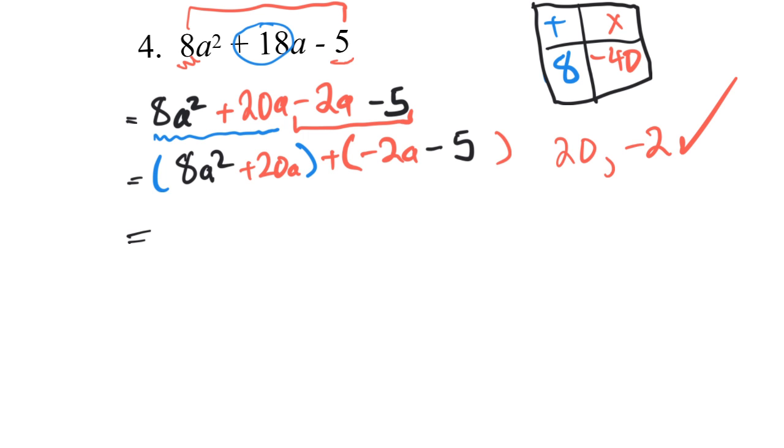So now we're left with, well, for the first bracket, you'll notice that we have 4a as the GCF, and you end up with a bracket of 2a plus 5. Now, because of this minus sign that I have right here, we're going to have to pull off a minus 1 because we have negative 2a minus 5, and we have to get that to match.